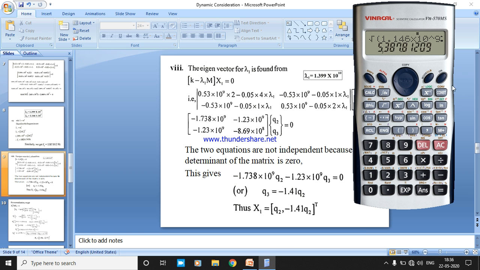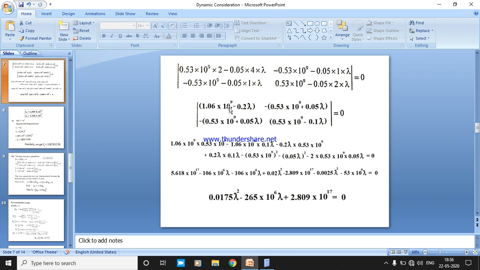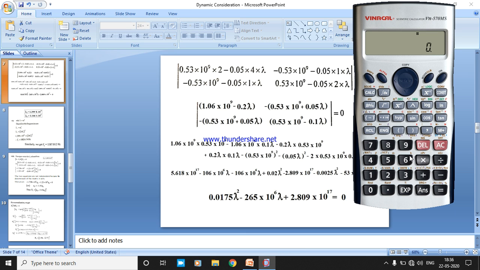This 0.53 into 10 raised to 9 I need not calculate, because I have it directly in the previous slide: 1.06 into 10 raised to 9 minus 0.2 lambda.